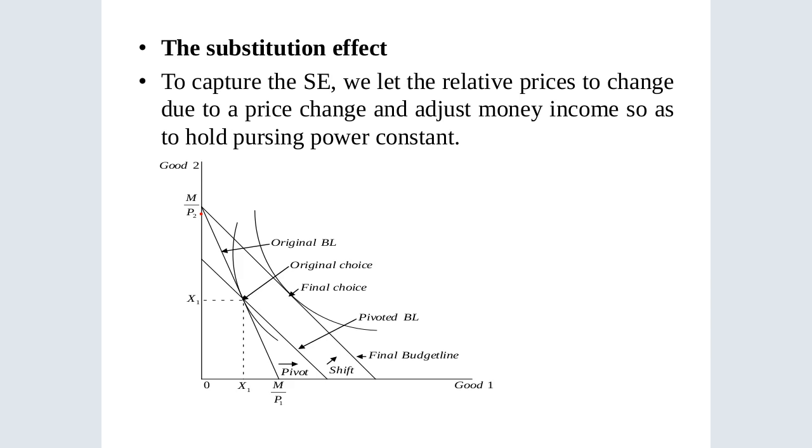Then we have the pivoted budget line. This is the original budget line, and here we have the pivoted budget line. Then there is a shift in the budget line. You can see this one shifts outward. There's a shift in the budget line, and there is also a pivot in the budget line. So we need to distinguish that.